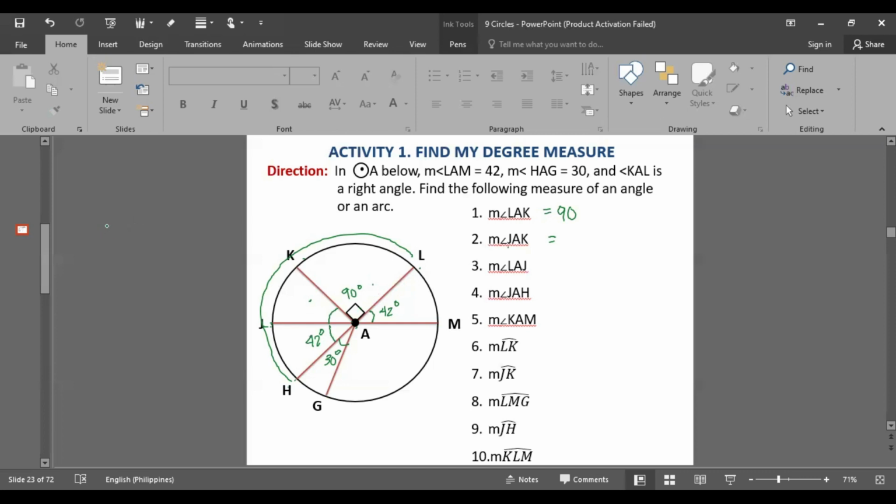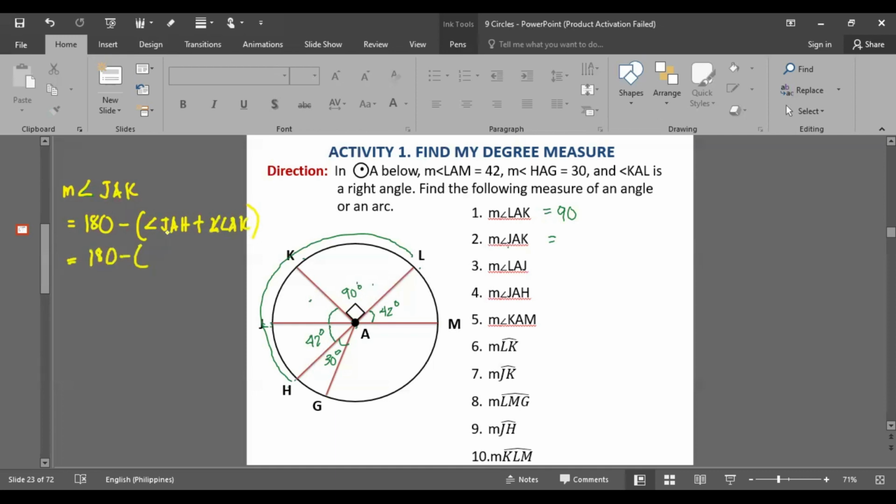So it means that we have to add these two angles, LAK and JAH, then subtract it from 180 degrees. To get the measurement of angle JAK, we have to subtract from 180 the sum of angle JAH and angle LAK. So let's do the substitution.